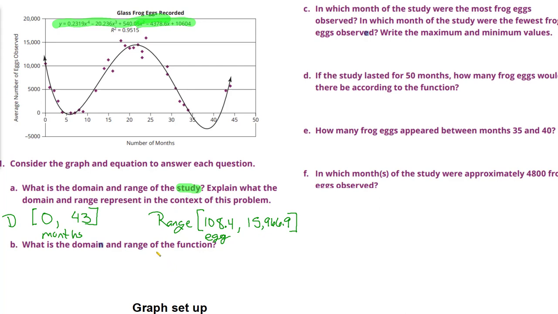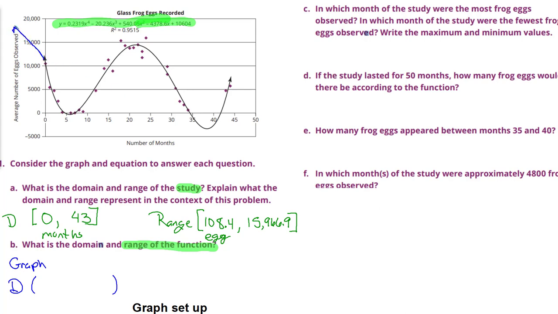But if instead I ask you what is the domain and range of the function, what's that asking instead? This is asking you of the graph. So if we're to look at the graph, and we weren't to consider a story behind it, for your domain, your x's, what is the smallest x you could come up with?